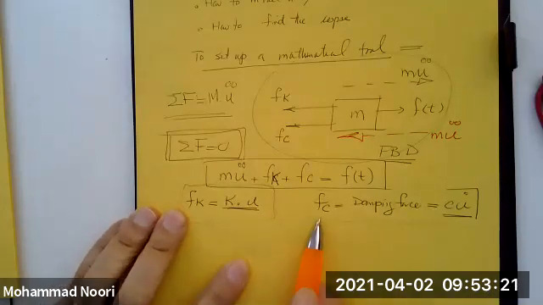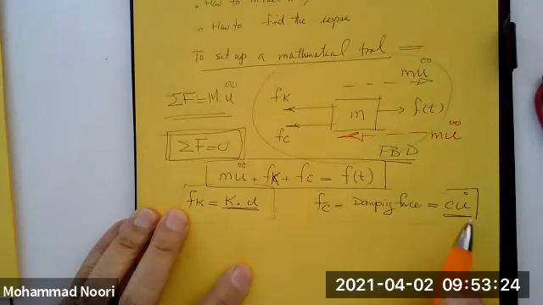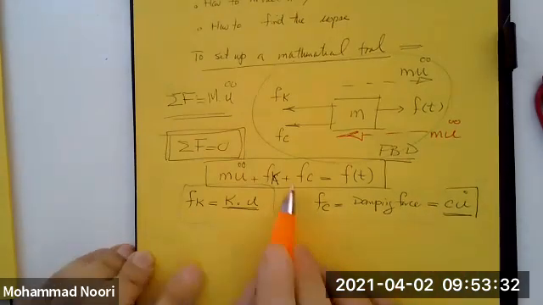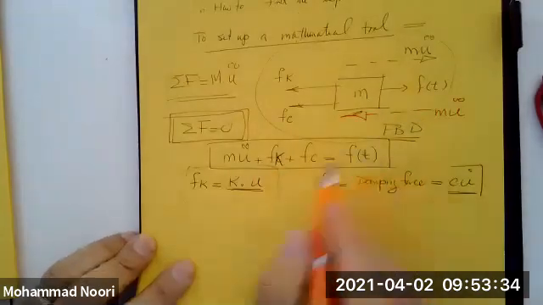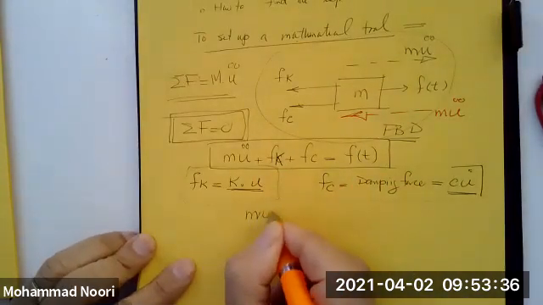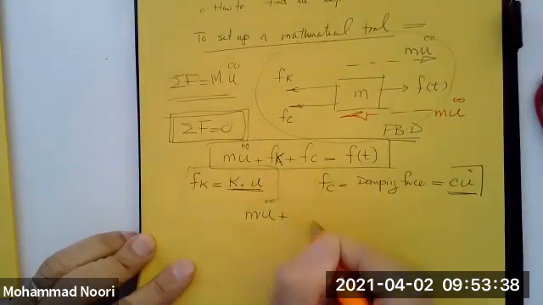We say that this force is linearly related to the velocity of the system, and we call that a linear damping force. So therefore, this equation that I wrote down comes down to this.